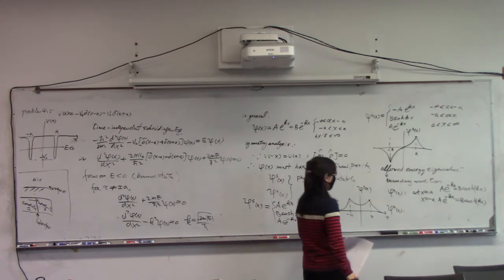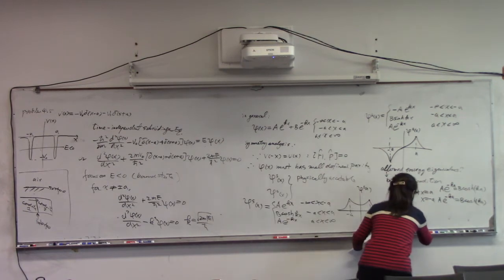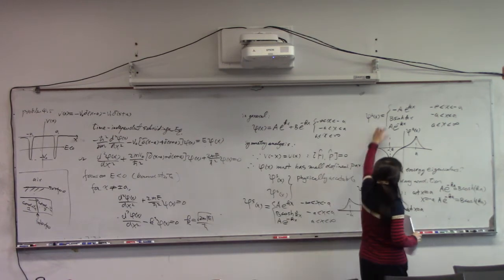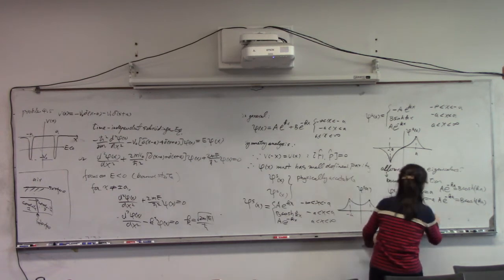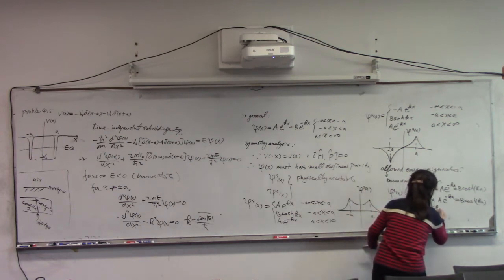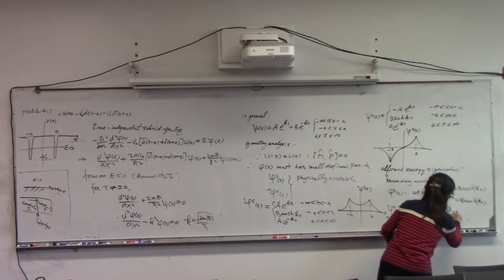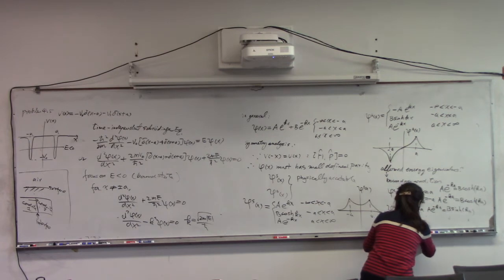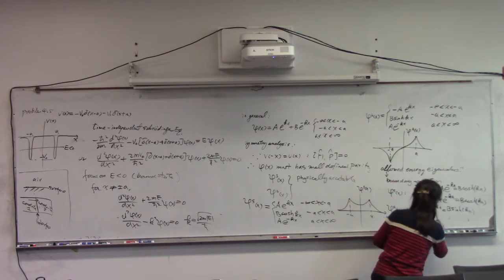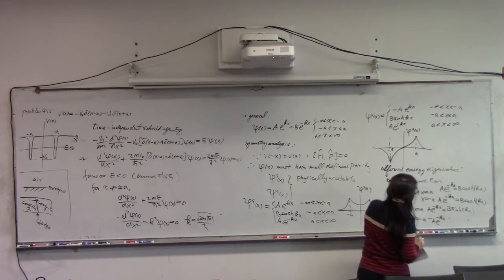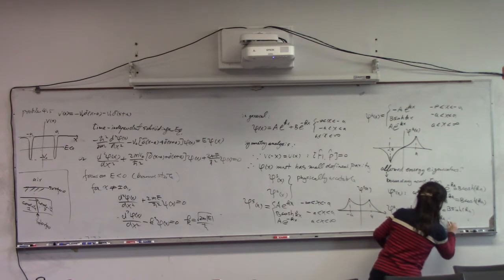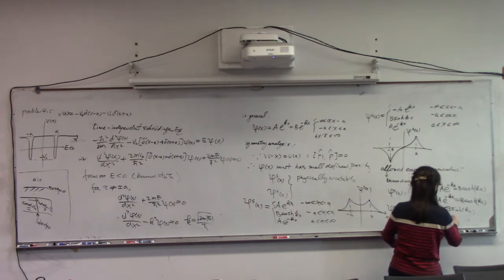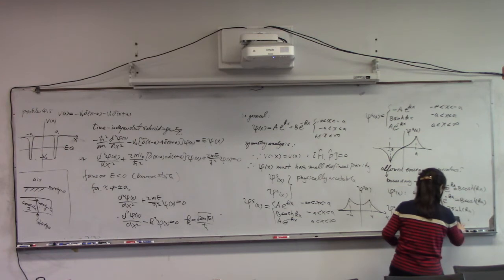That is for the continuity of the function. Let's look at the anti-symmetric case, similarly at x equal to a. Now it is these two, right? So A e^{-ka} equals B sinh(ka). For x equal to minus a, we have negative A e^{-ka} equal to B sinh(-ka), which equals minus sinh, right?